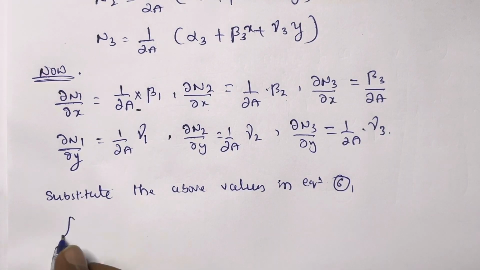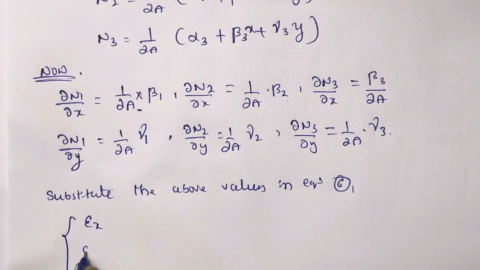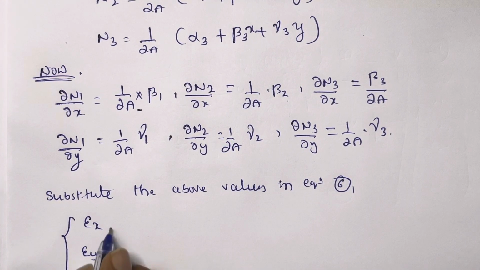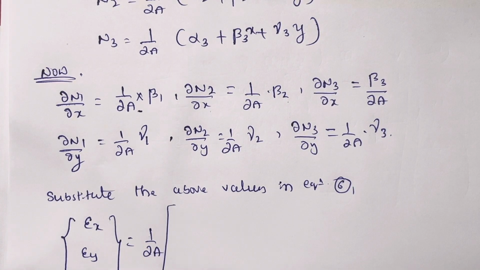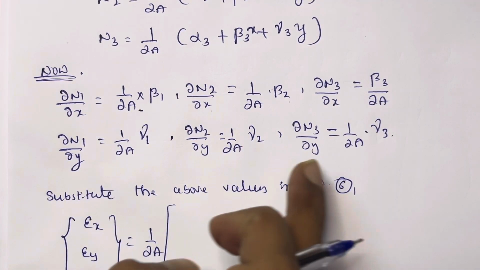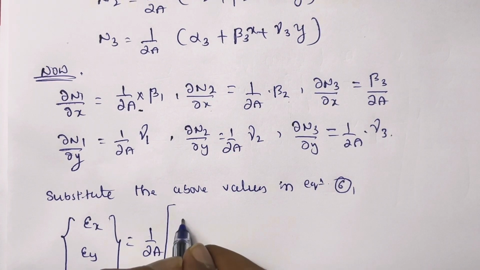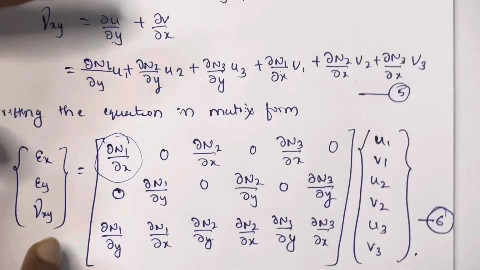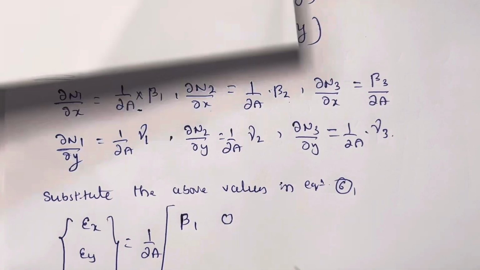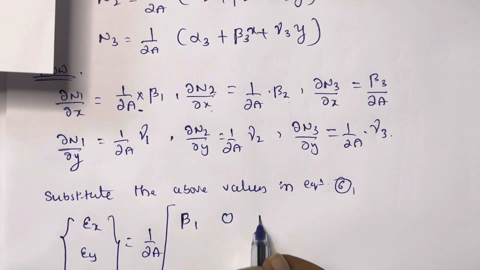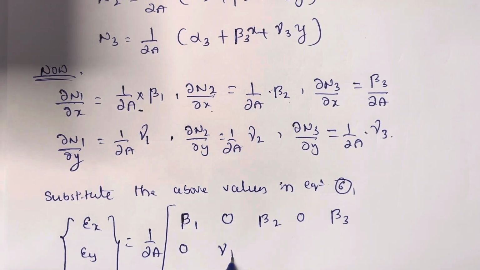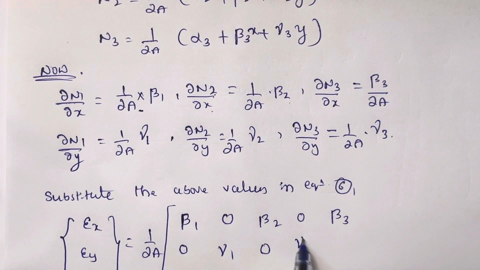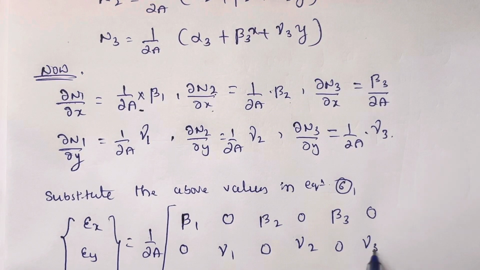So this one as it is, strain values epsilon x, epsilon y, gamma xy. Here I will take 1 by 2A as common because everywhere we have 2A. First one beta 1, and next here we have 0. Next dou N2 by dou x is beta 2, similarly 0, and this will be beta 3. Here 0, gamma 1, 0, gamma 2, 0, gamma 3.